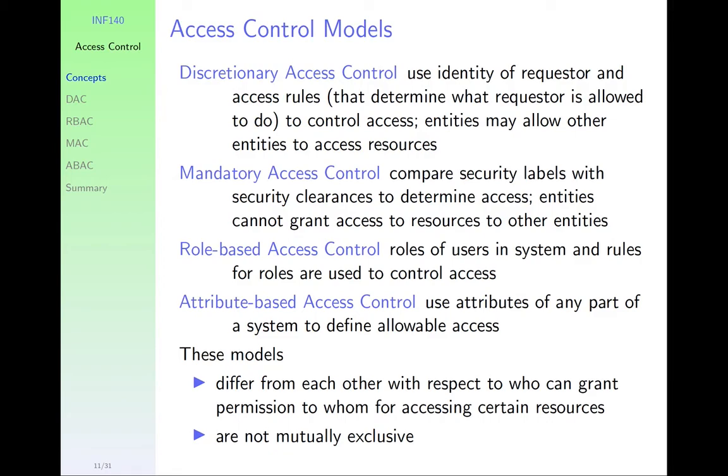So in general, we have 4, or we can say 5 access control models. The first one is the discretionary access control model. The second one is the mandatory access control model. The third one is role-based access control. And on top of it, there's an extra one called the rule-based access control model. And the last one is the attribute-based access control model. All these models specify how the access right is assigned and how the resources are accessed.